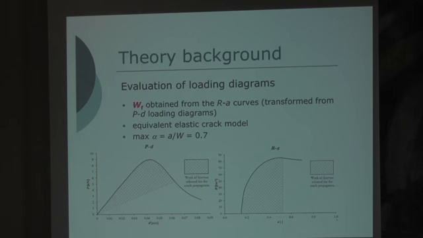From these diagrams we recalculated, using every point of the loading diagram, the equivalent elastic crack and made the resistance curve. For all variants, we chose the maximum relative total crack length, alpha, to be 0.7, so damage of 70% of the width of the test specimen.